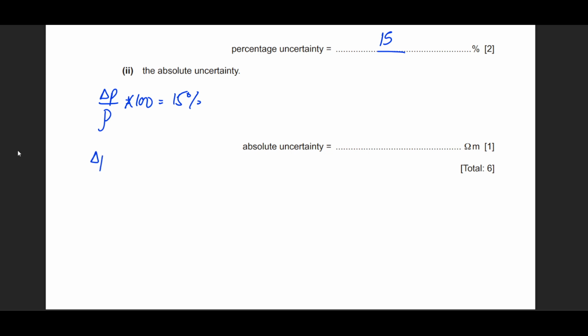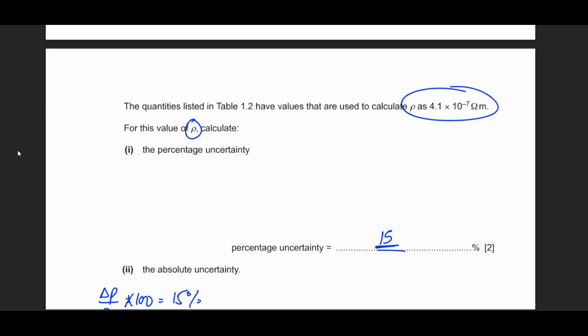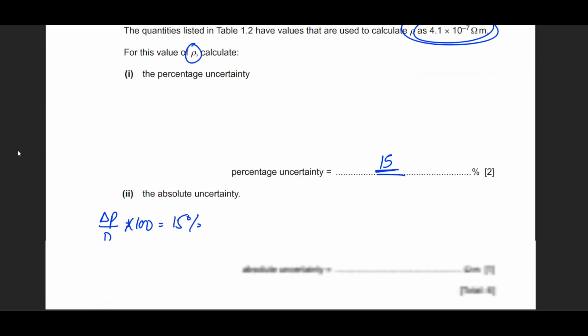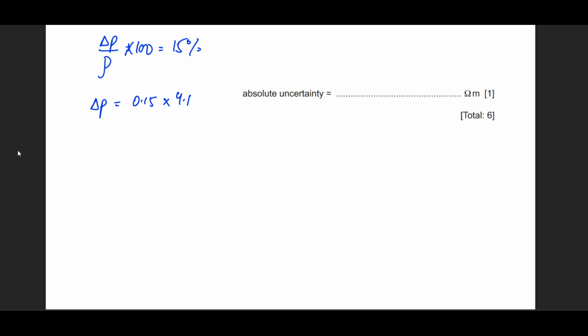So that would be delta rho equals 0.15, 15% converted, multiplied by the value of rho, that is 4.1 into 10 to the power minus 7. Your answer comes out as 6 into 10 to the power minus 8. Oh, sorry, errors are in one significant figure. So you're only going to write down 6 into 10 to the power minus 8 ohm meters.